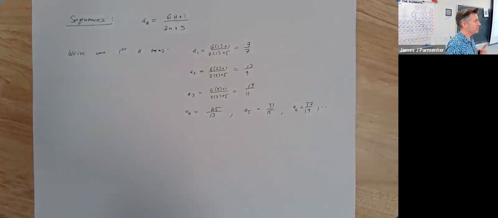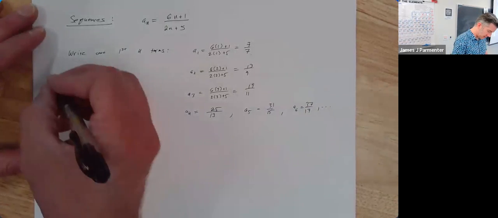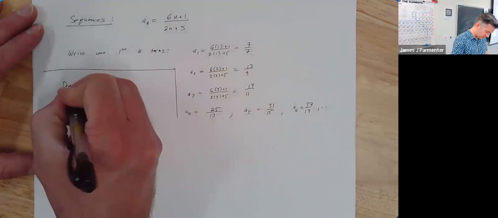Sometimes they want you to find the first 4 terms because it's moderately interesting. But really what we're interested in here is, does this sequence converge or diverge?